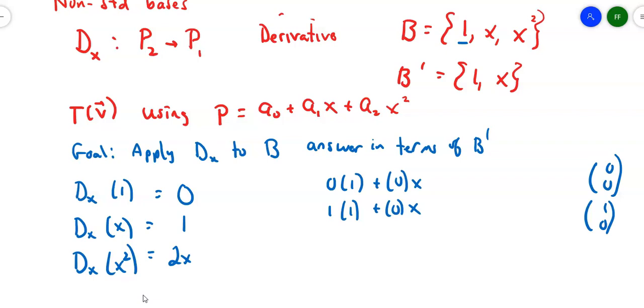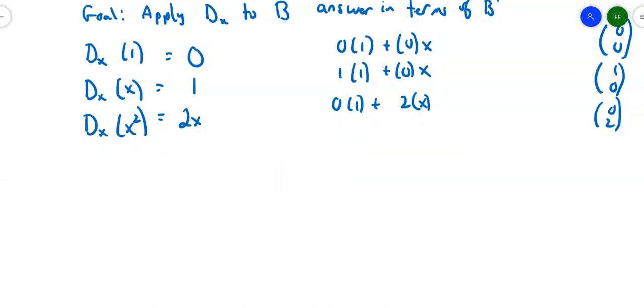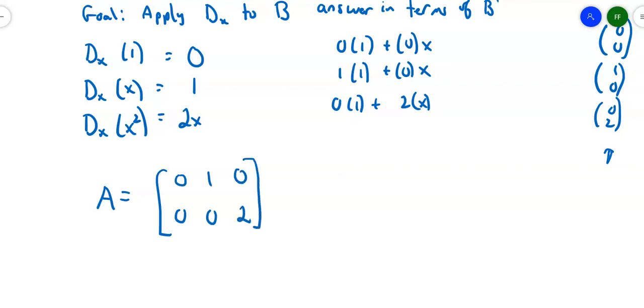So what does that give me? It gives me no 1s and 2 x's. So I'm going to put 0, 2 over here. Take those 3 columns and assemble them into a matrix. These 3 columns will become the standard matrix for the transformation. It'll be 0, 0, 1, 0, 0, 2.